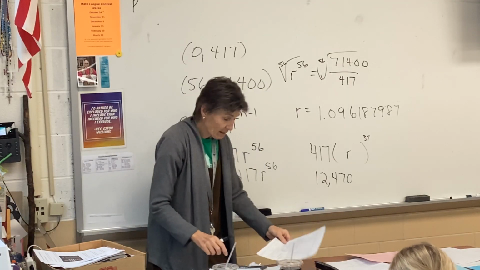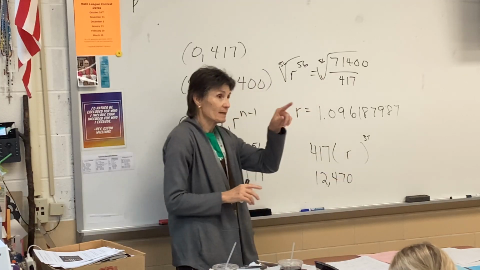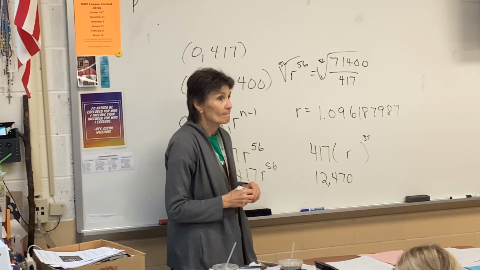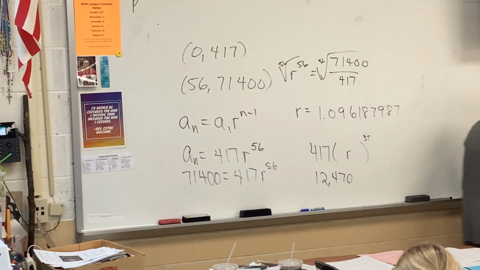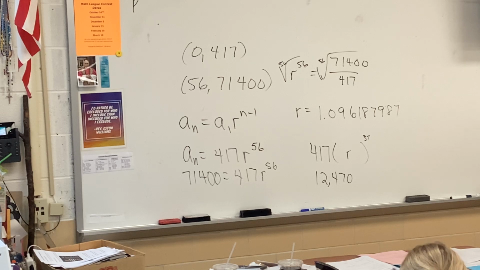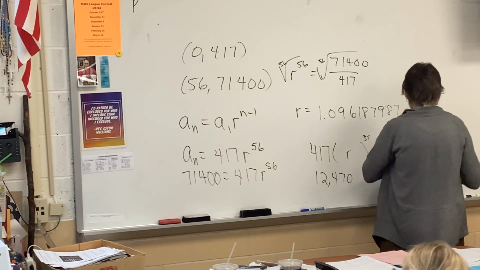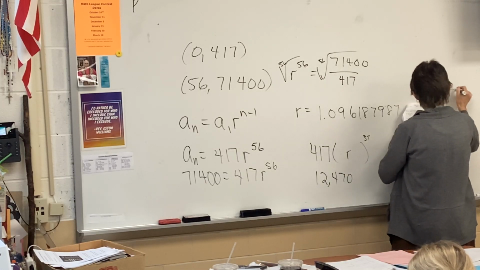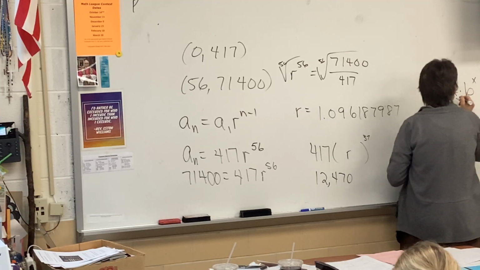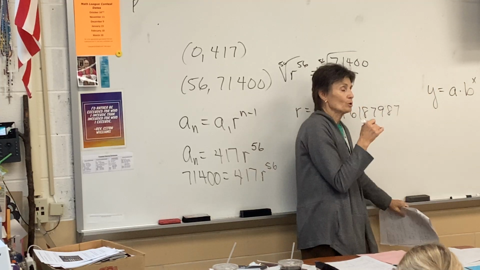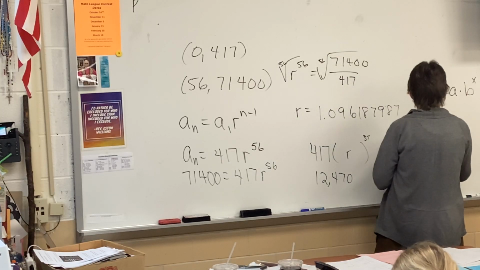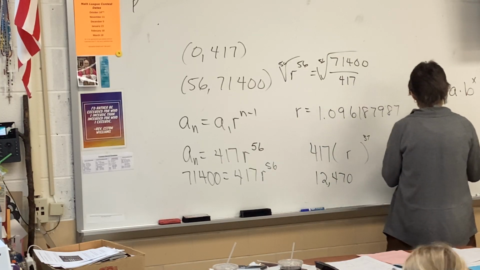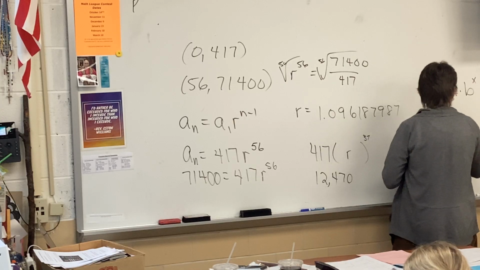All right, anybody else have a question? Yes, Celeste? On the 2.4 homework, for number 2, how would you do it? What are the directions? Rewrite the following as y equals a times b to the x, and a has to be... in other words, we don't want that leading coefficient. The first one is 4 to the 2x.